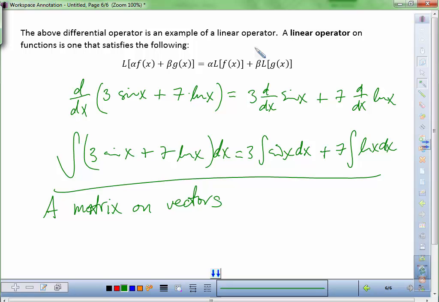Well, it turns out matrices are linear operators on vectors.